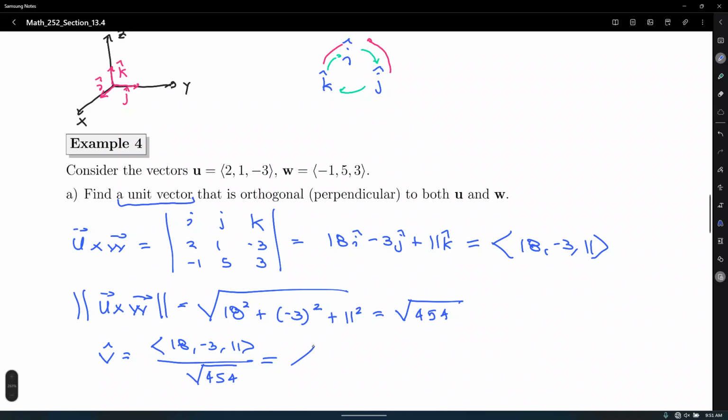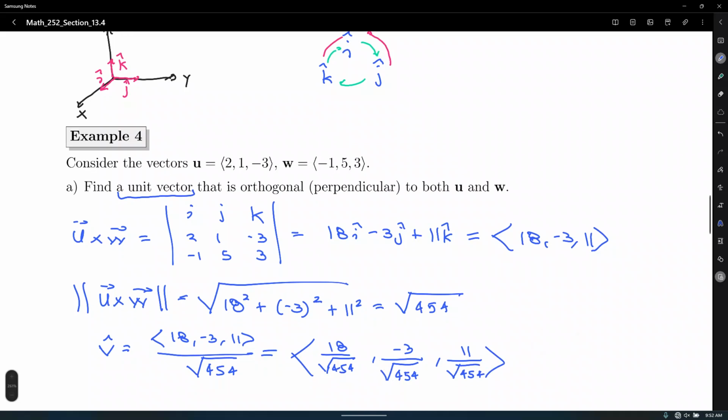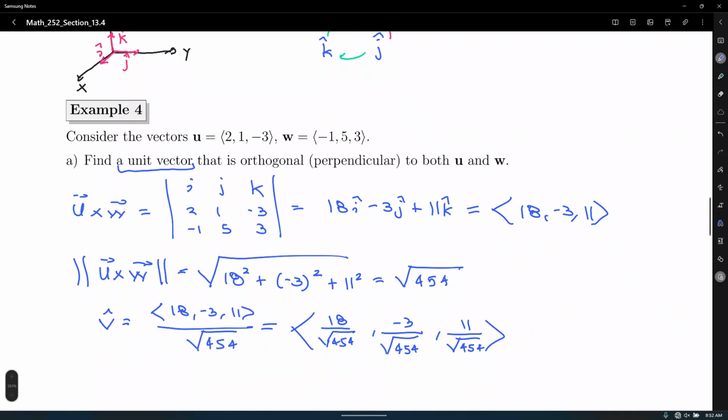So that'll be 18 over the square root of 454, negative 3 over the square root of 454, and 11 over the square root of 454. All right, so that's a unit vector that is orthogonal to both U and W.